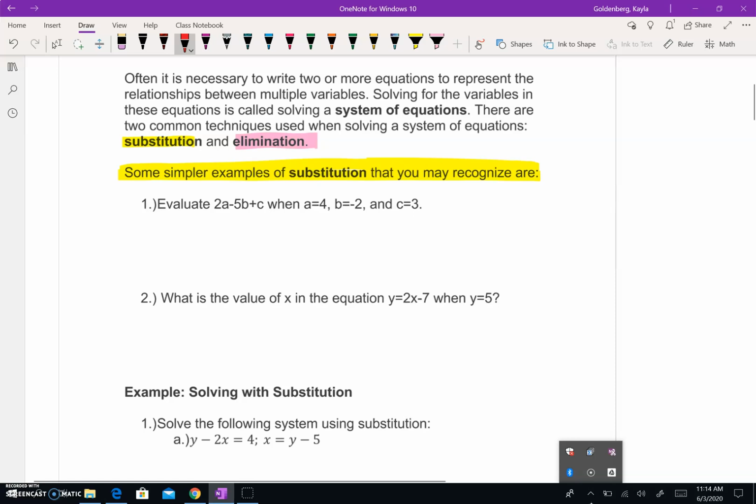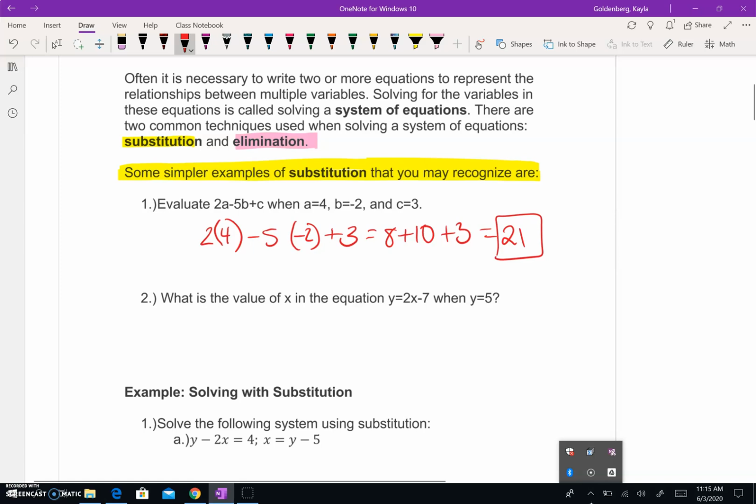So all they want you to do is substitute in 4, negative 2, and 3 for the letters a, b, and c. So that would become 2 times 4 minus 5 times our b value, which is negative 2, plus c, which is 3. And we're just going to simplify. So 8, 2 negatives make a positive 10, plus 3. Okay, and then we have 18, 19, 20, 21 it looks like. So that's just the simple idea of what it means to substitute.